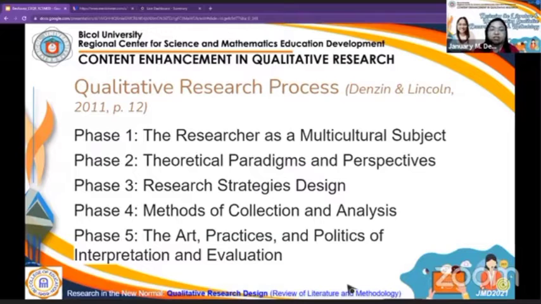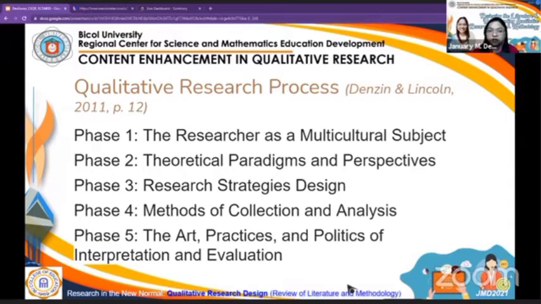What do we mean by that? The researcher as a multicultural subject is the beginning or the foundation of your qualitative research. So all qualitative researchers are philosophers because you bring to your research your background, your understanding. So your phase one will begin with you as the researcher.